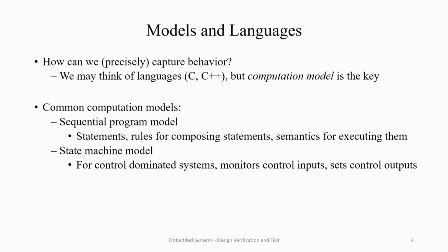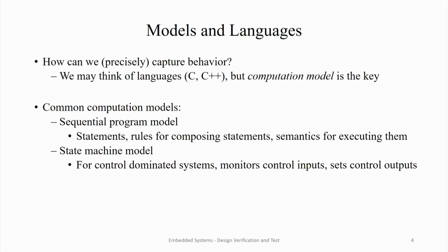We can think of languages like C, C++, but the computation model is the key. C and C++ are languages, and using those languages we can write a behavior, and that has a model which is called the sequential program behavior. So, if we write a C program, we have a formal model, we have instructions.